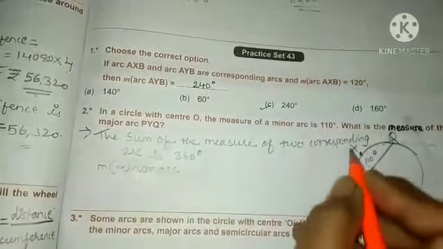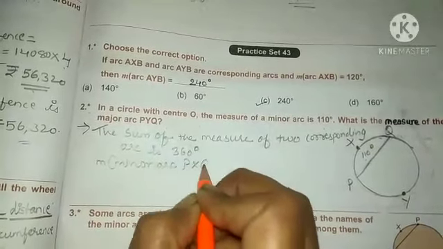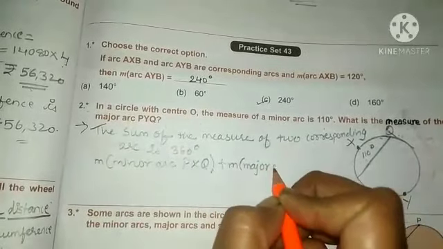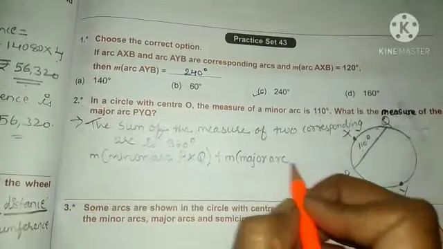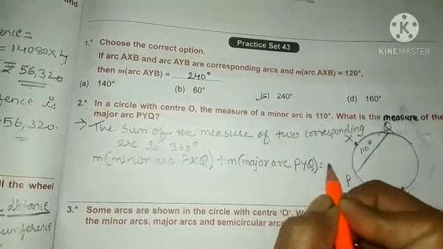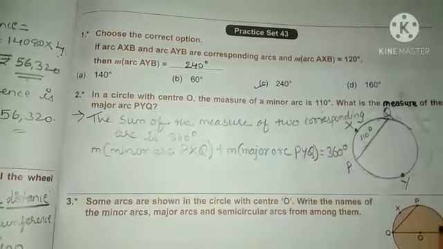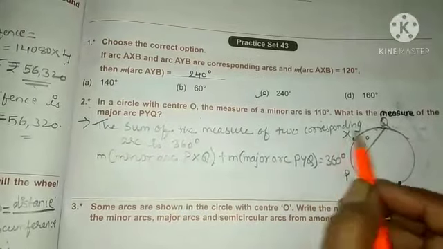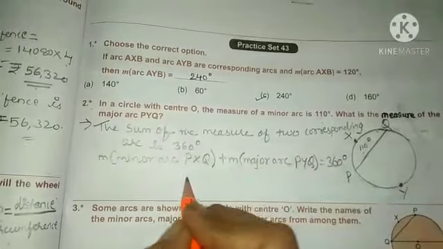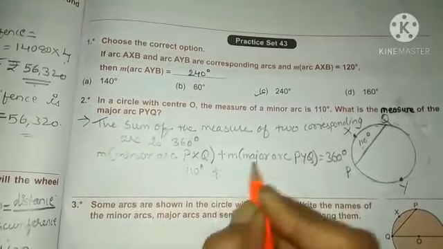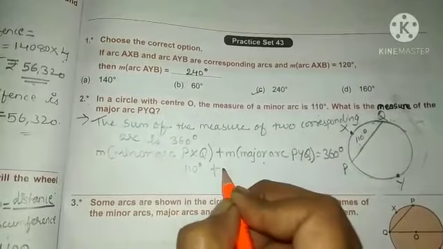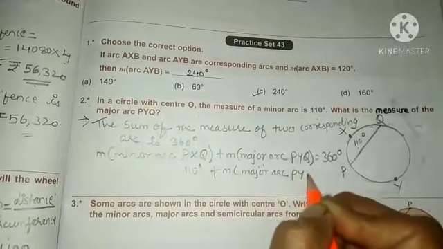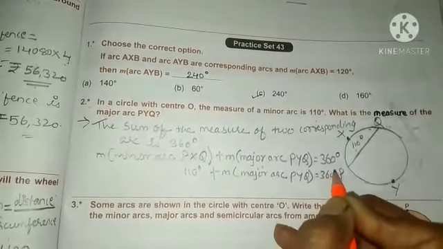Which one is your minor arc? PXQ. PXQ plus measure of major arc, that is PYQ, is equal to 360 degree. Understood? Now what is the measure of PXQ? The measure of PXQ is given, that is 110 degree. So here we will write down 110 degree plus major arc PYQ, which we have to find out, is equal to 360 degree.